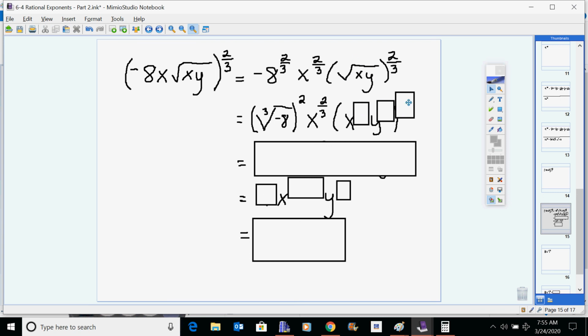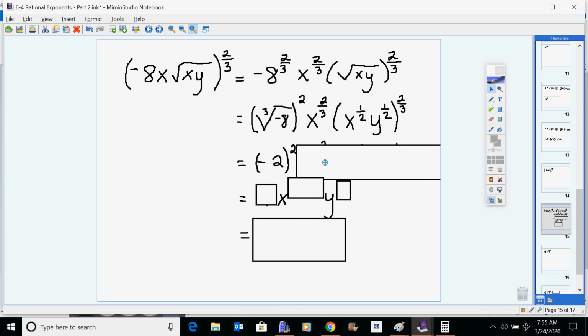This, if I take this, we still have our 2/3 hanging out here, but let's make this into the half powers, because each one of these has a power of 1 and a root of 2. Power of 1, index of 2. All right, so this one's coming along nicely. That's going to be negative 2 squared.